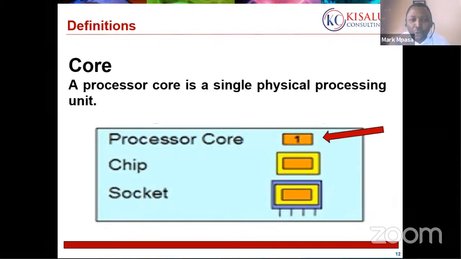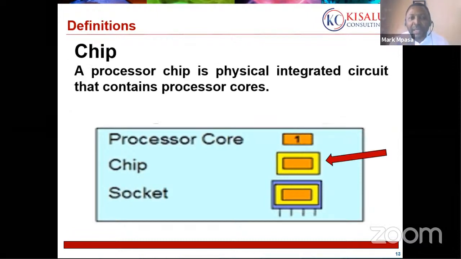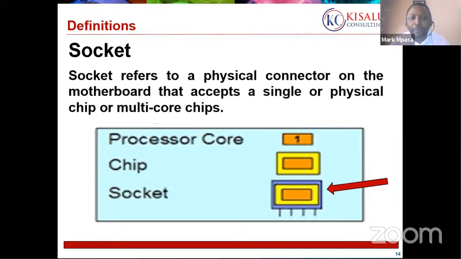The core in this session is a single physical processing unit, as you see in the image. The chip is the integrated circuit that holds the core, simply put. And the socket is the physical connector that gets the chip into the motherboard.